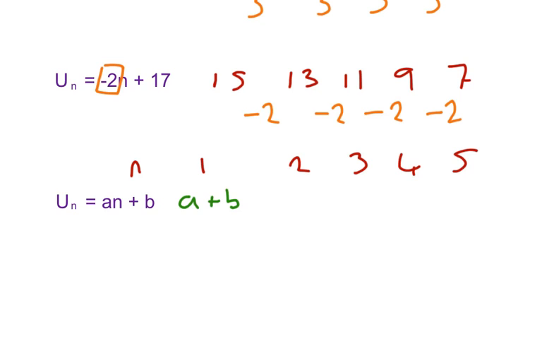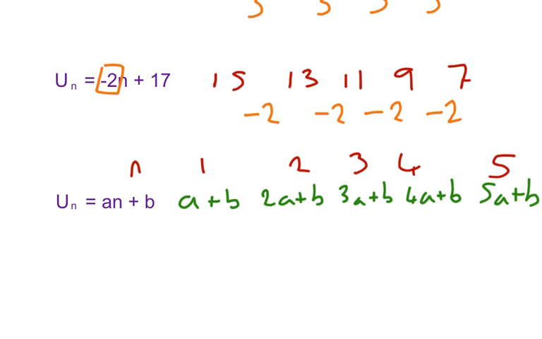When n is 2, we get 2a plus b, because we have a times 2 plus b. When n is 3, we have 3a plus b. When n is 4, we have 4a plus b. And when n is 5, we have 5a plus b.